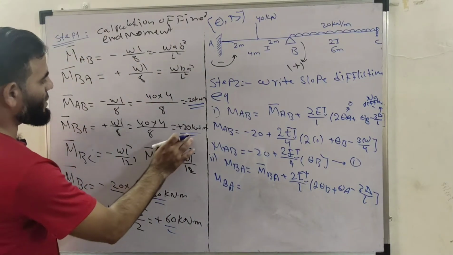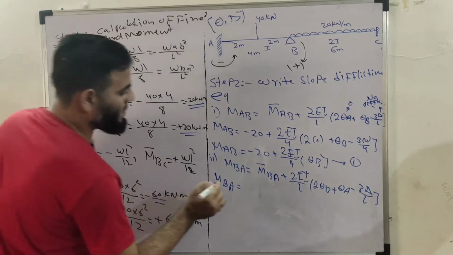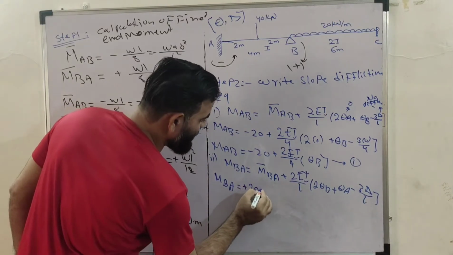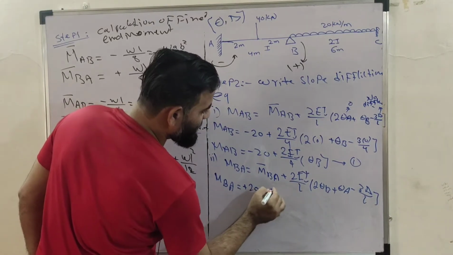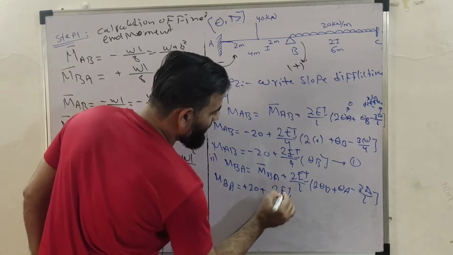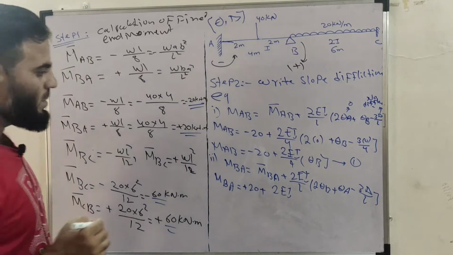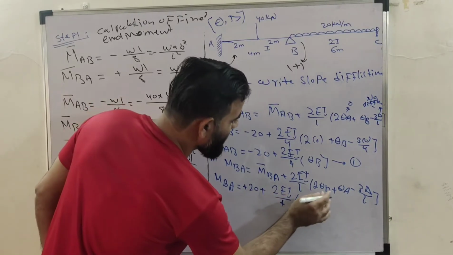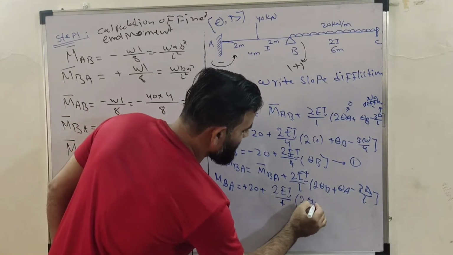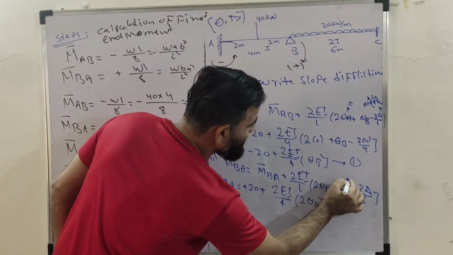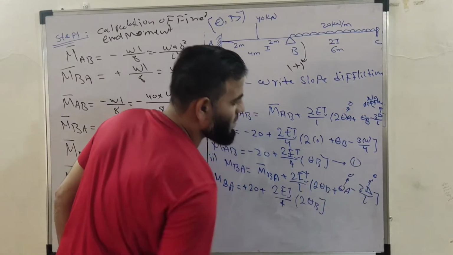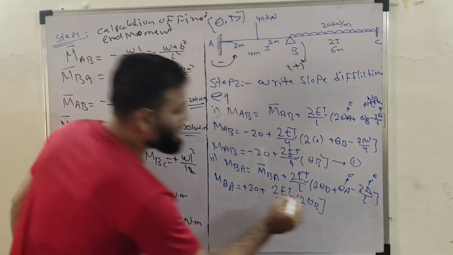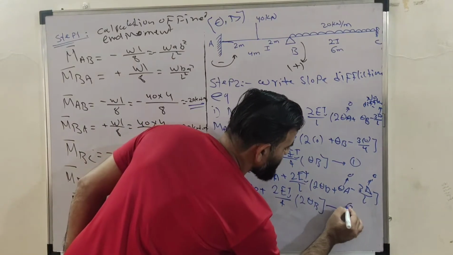We already calculated 20 kilonewton plus 2EI by 4 into theta B. This is 0, this is also 0. Now this is equation number 2.